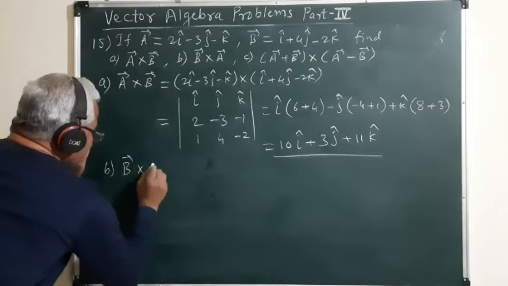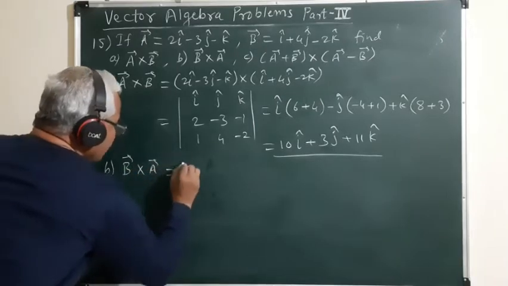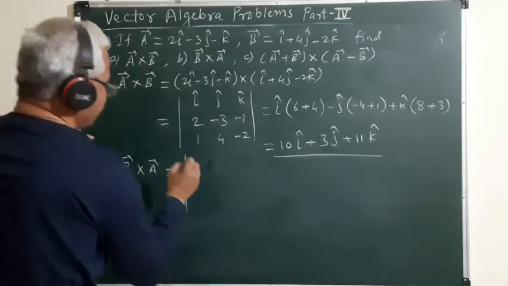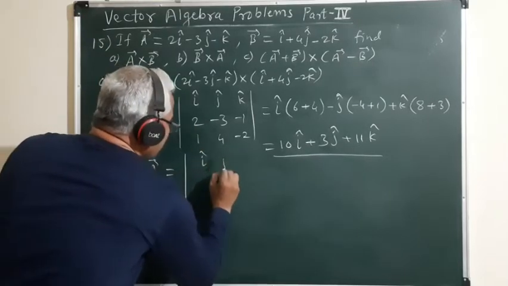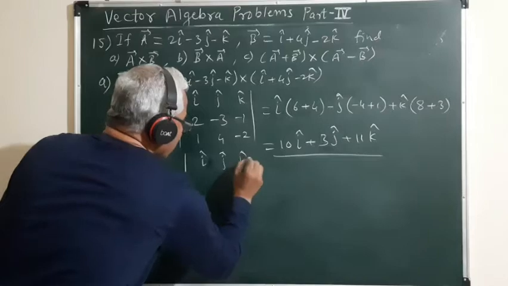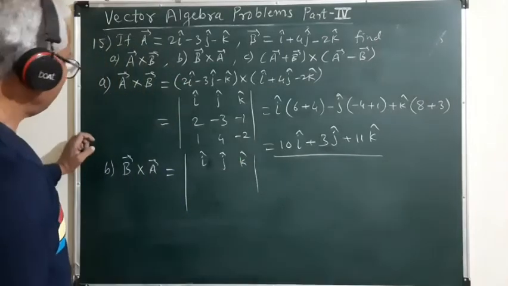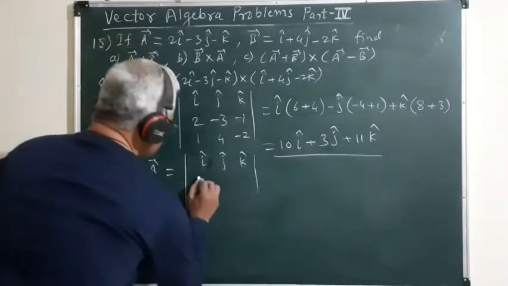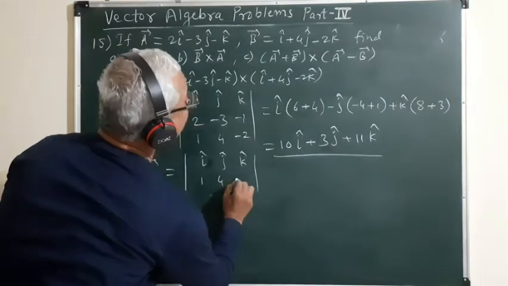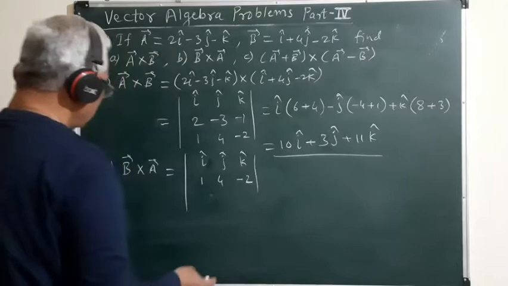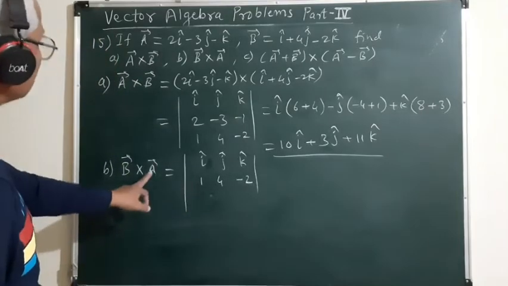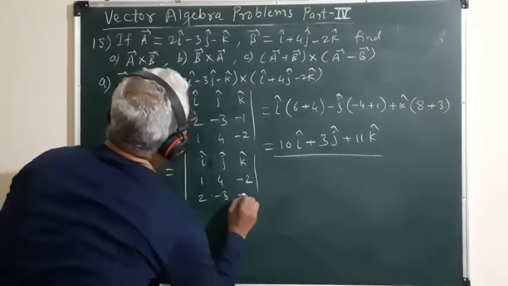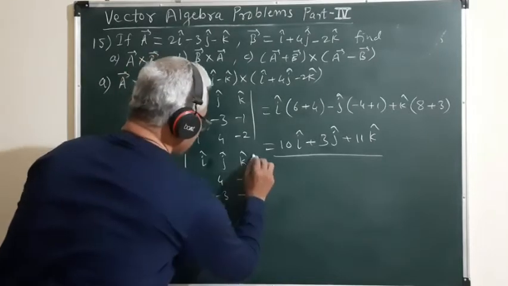B bar cross a bar will be equal to the determinant of i, j, k. The second row will be the components of the first vector in the product, that is 1, 4, minus 2, and the third row will be the components of the second vector in the product, that is 2, minus 3, minus 1.